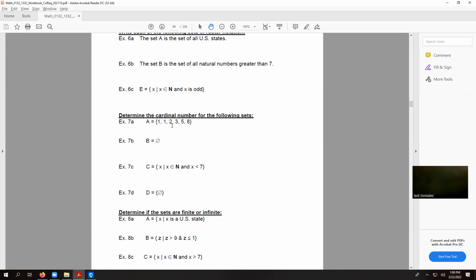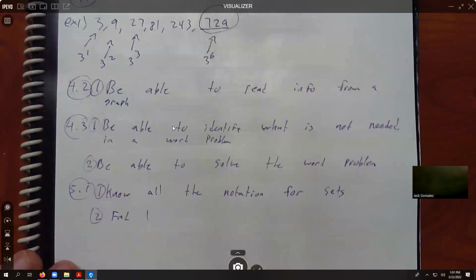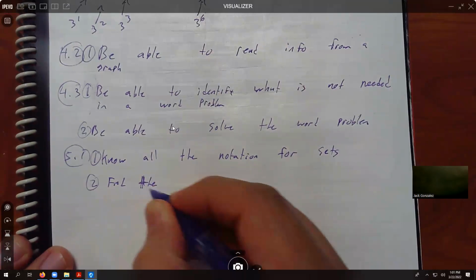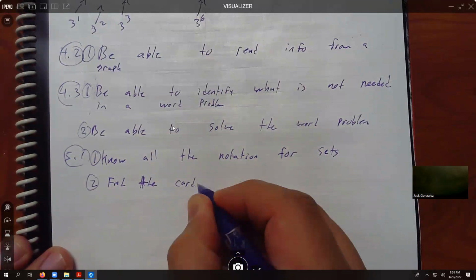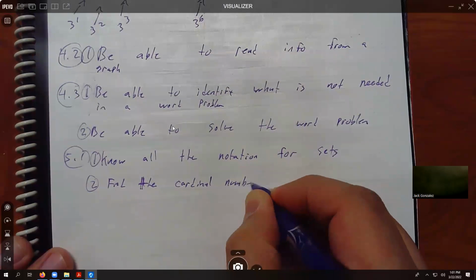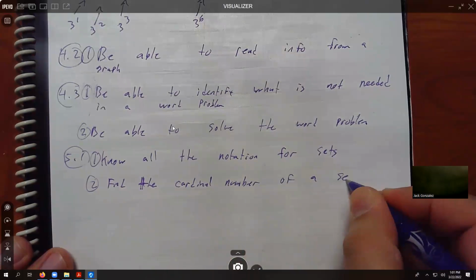Okay. Number 2, find the cardinal number of a set.